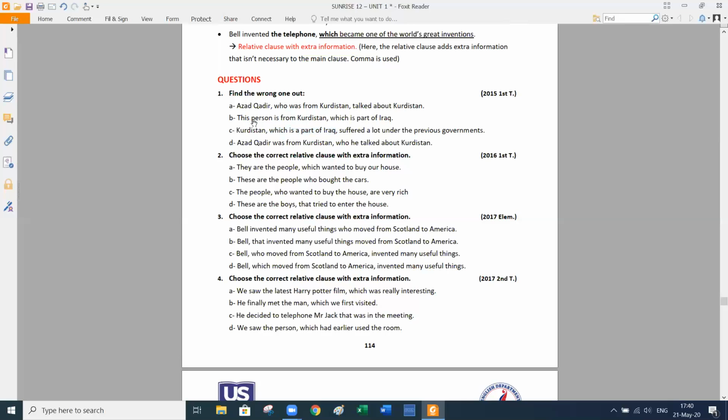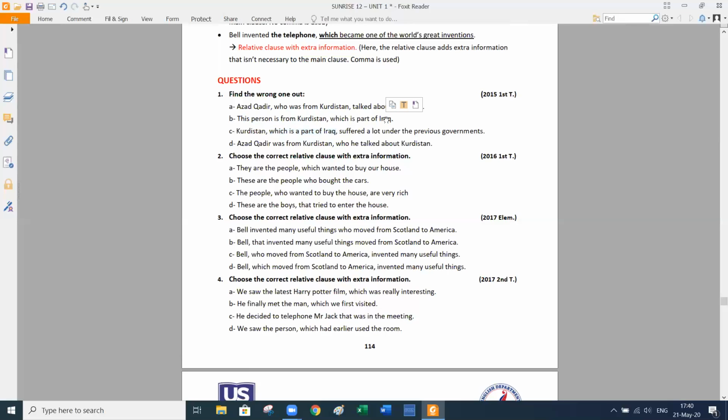Okay, but in B, this person is from Kurdistan. Kurdistan is not the subject. It's at the end of the sentence already, so I need one comma only, and then I finish the sentence with a full stop. But in C, Kurdistan is the subject of the main sentence, the main clause.